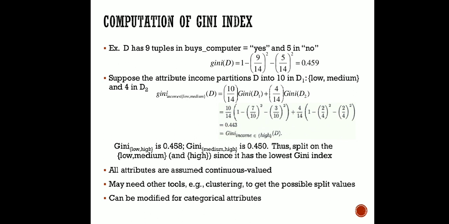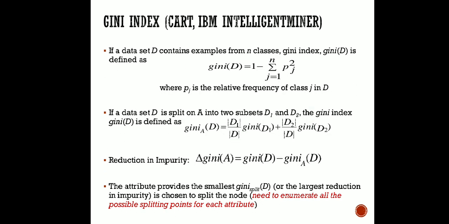If you see the formula, it is 1 minus the summation of the probability of occurrence of each class, squared. We are trying to find the relative frequency because the maximum probability of any occurrence can be 1. That's why.